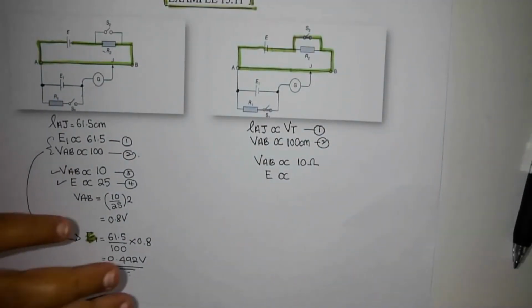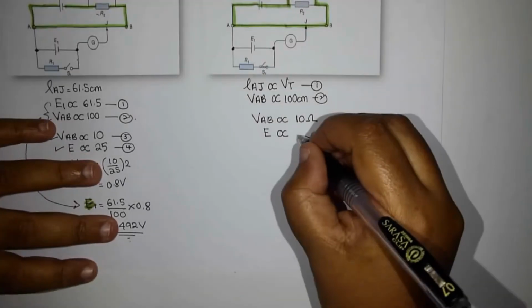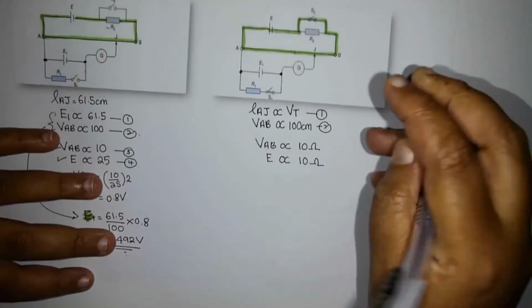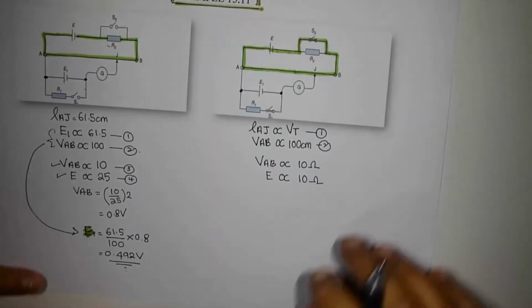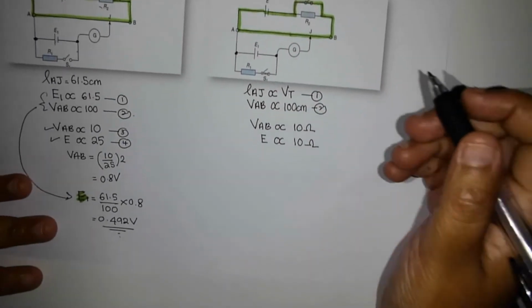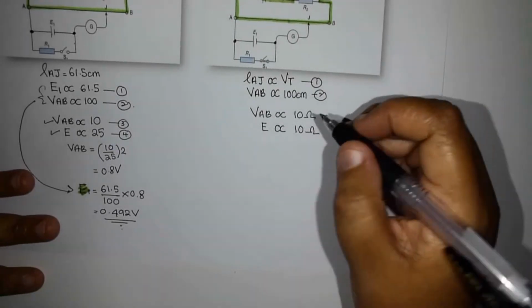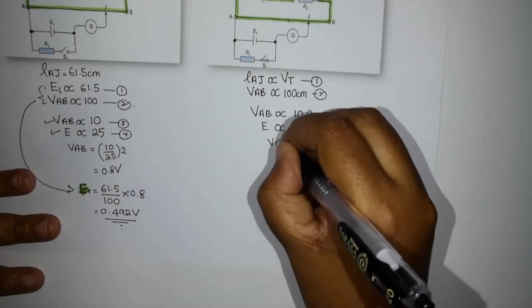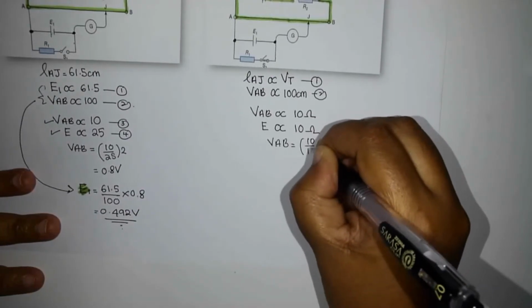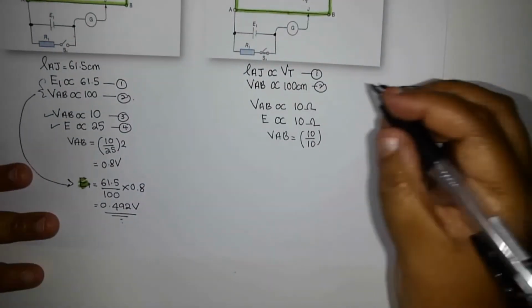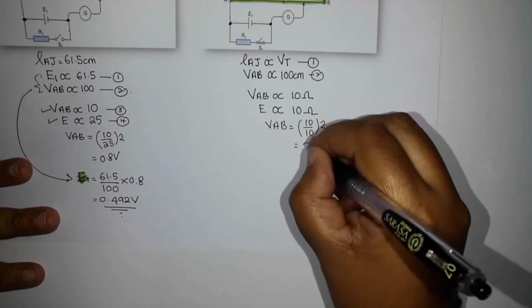So that means it will also be 10 ohm here, because it will not pass through R2. So VAB will be equals to 10 over 10 times E, which is 2, so VAB equals to 2.